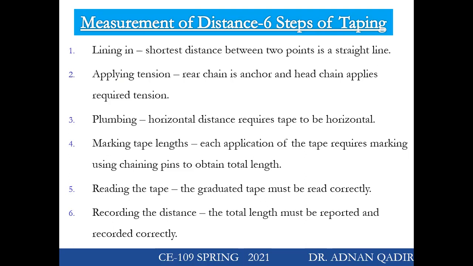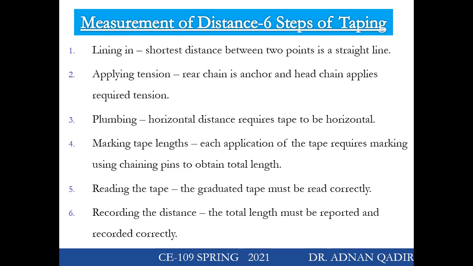Plumbing: in order to measure the horizontal distance, we use the plumb bob. We mark the tape length by pins to obtain total length, and at the end you count the pins, how many pins you have. So you don't have to remember. Normally, if you have a set of say 10 pins, whatever is left is the distance you have measured. So you peg the pin at each tape length.